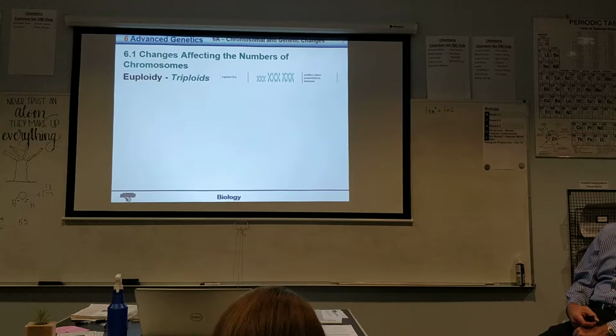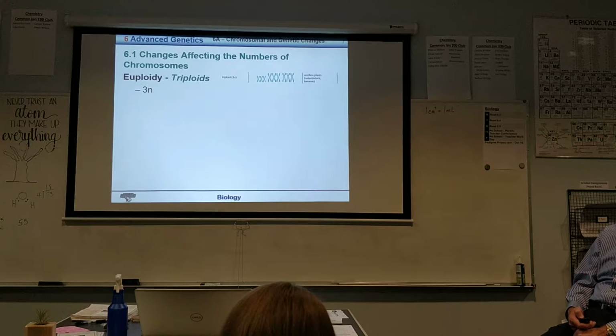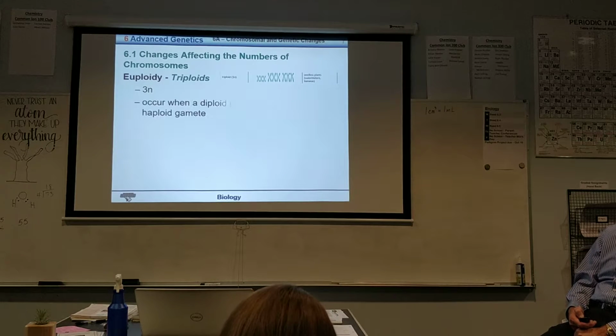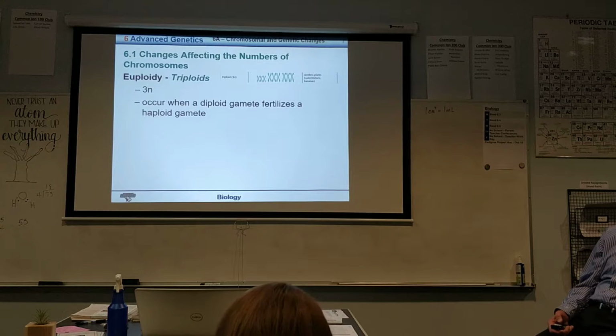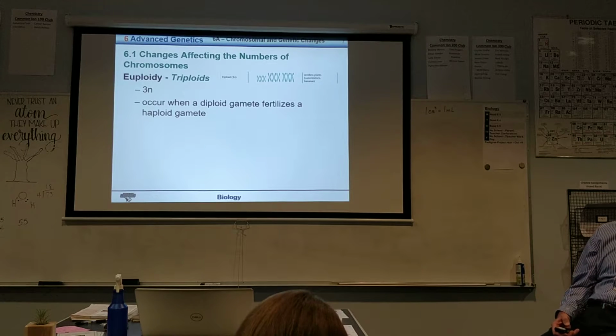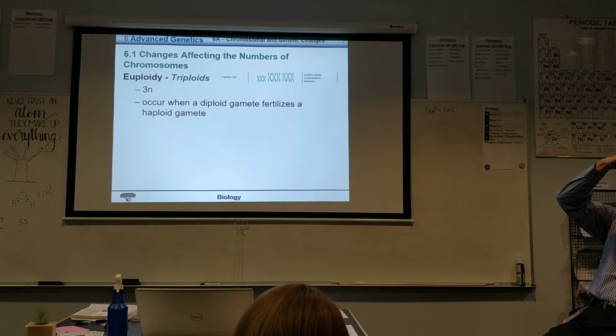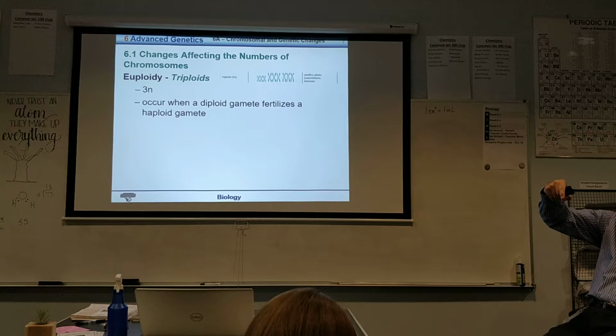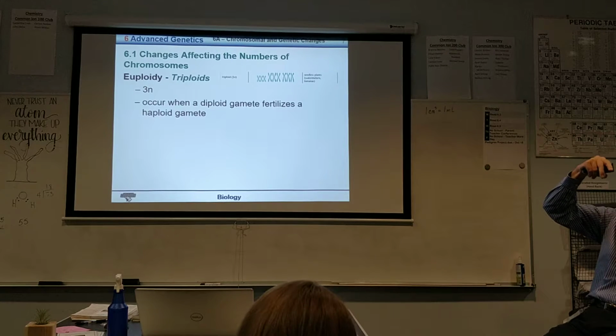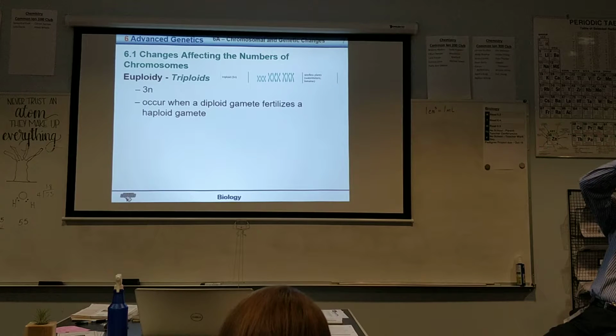So let's start with the triploid. Triploid means 3N. And you might wonder, how did it ever get to be 3N? Well, it occurs when a gamete, which should be just N, in other words, they should have separated, one goes to this gamete, one goes to this gamete, but at this time, we had both of them go to one gamete and make it diploid.